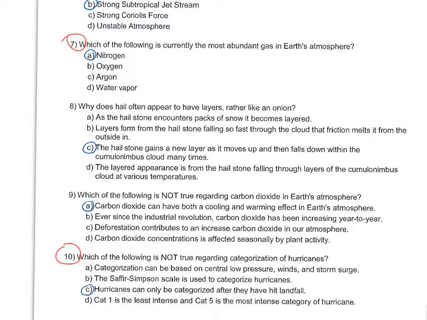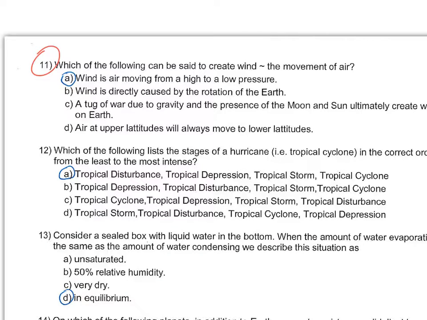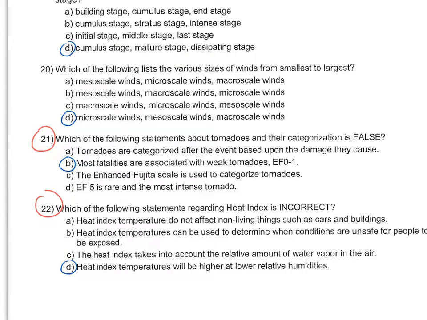And then on the next page, I only chose 1 question. Top of the page, question 11. And then on the next page, I chose the last 2 questions. So questions 21 and 22.